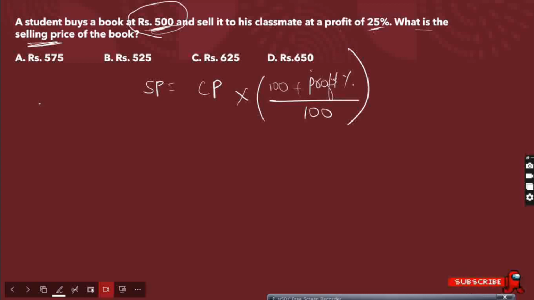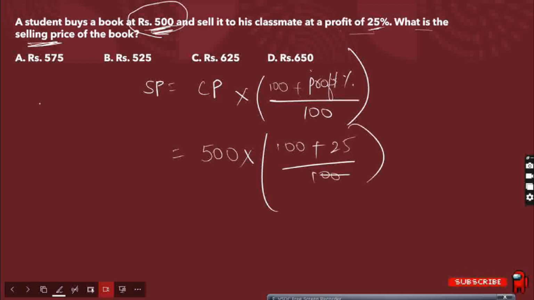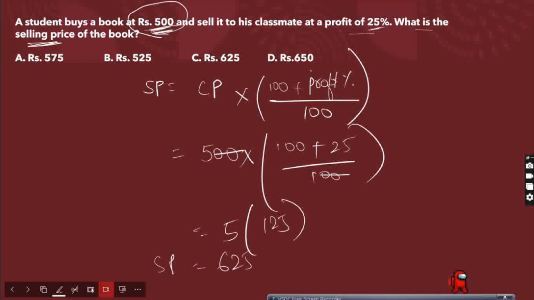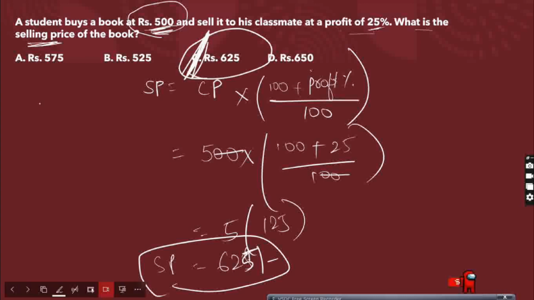In the question, selling price of the book is 500 into 100 plus 25, divided by 100. These two zeros cancel. 5 into 100 plus 25 is 125. From this, we get the value of selling price as 625 rupees. So the selling price of the book is 625. Option C is the answer, 625.